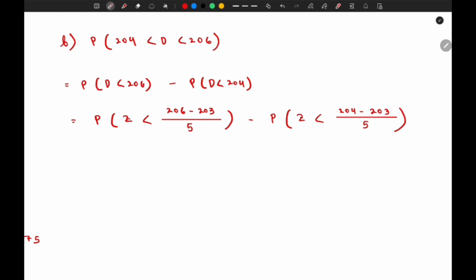So this gives us a value of 0.6, and this gives us a value of 0.2.